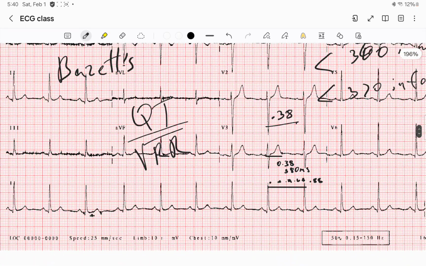So using Bazett's formula, this patient's corrected QT will be 0.38 over the square root of 0.88.